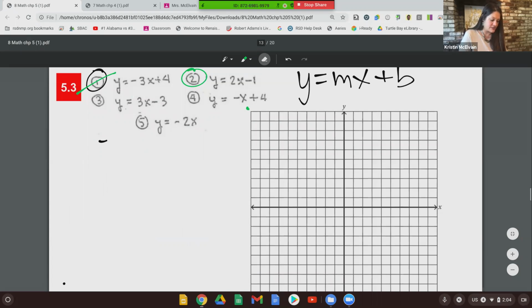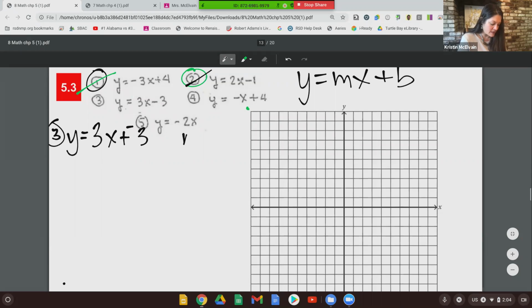Okay, moving on to number 3. Number 3 says y equals 3x minus 3. I think these are all in mx plus b form, so we don't have to do anything. Easy peasy. I'm going to make that plus a negative 3.